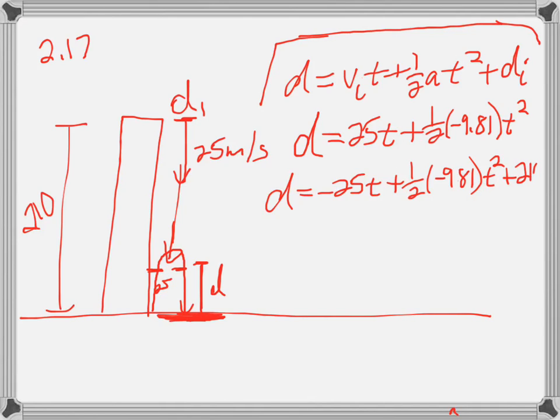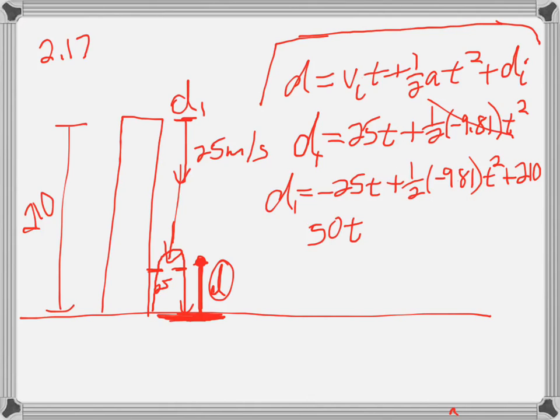Now we know that these displacements are going to be from here to there. So these displacements here are equal. They're both this displacement right here. So I can set them to be equal and then solve for the time. So if I have a negative 25t here and a plus 25t on the other side, if I take it over to the other side, that's going to be a 50t.